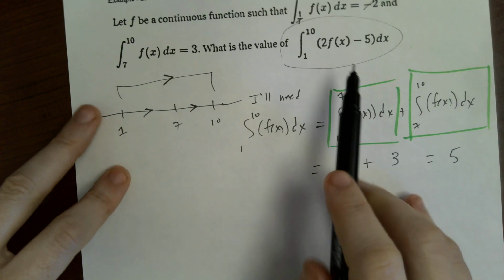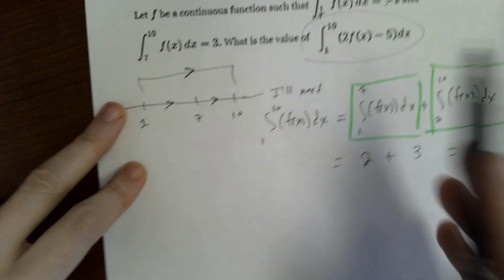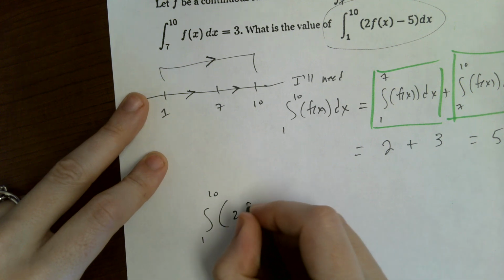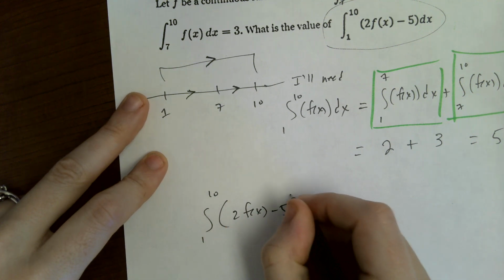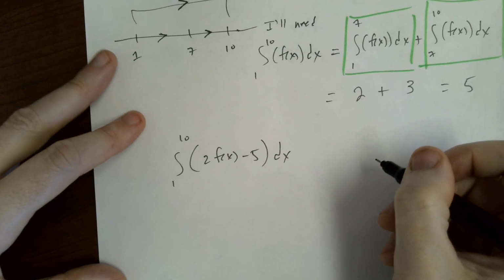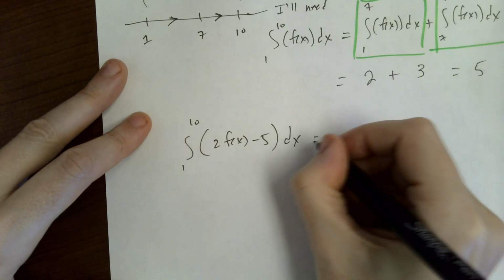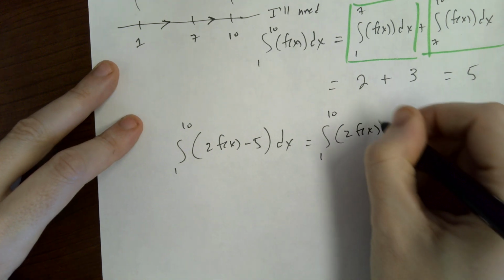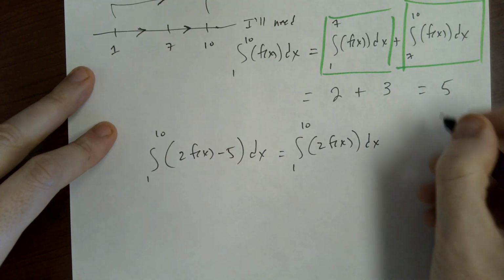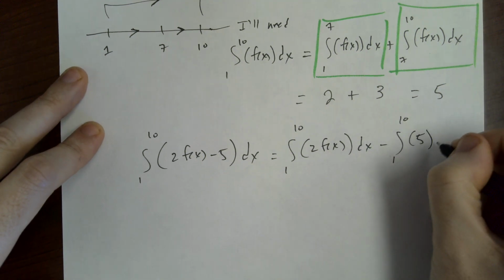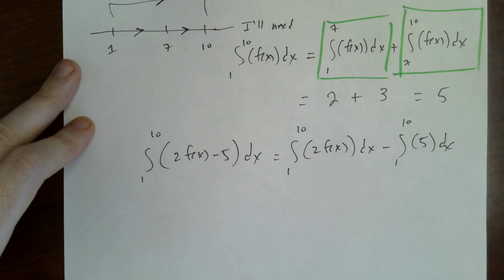Now let me take this that I'm trying to find. So this is, all right, so from 1 to 10, f of x. Okay, and we could use rules here. So let's break this up. This is the integral from 1 to 10 of 2f of x dx minus the integral from 1 to 10 of 5 dx, okay?